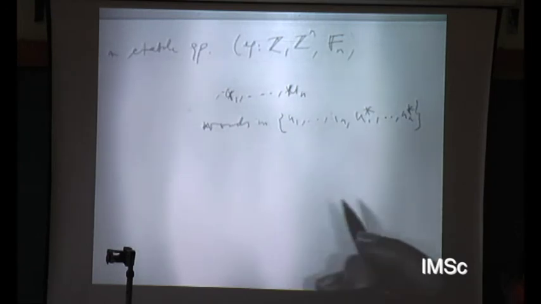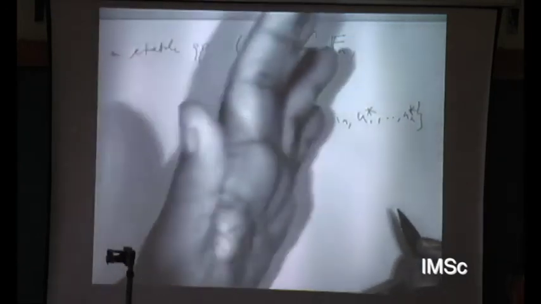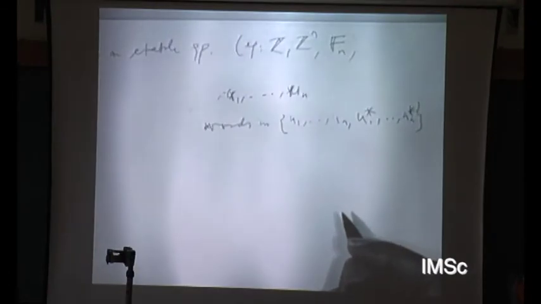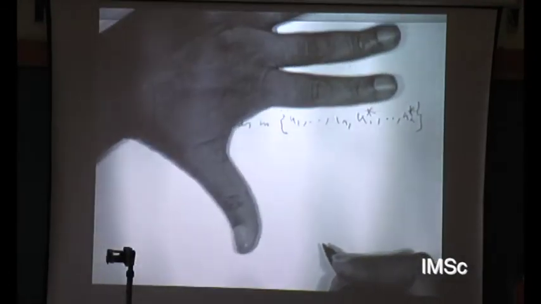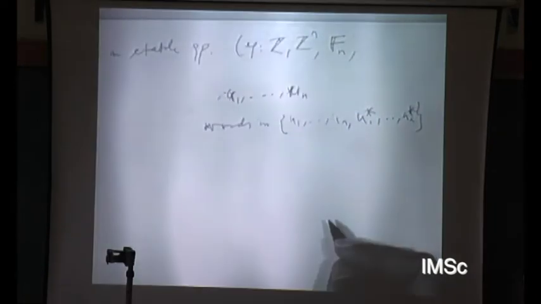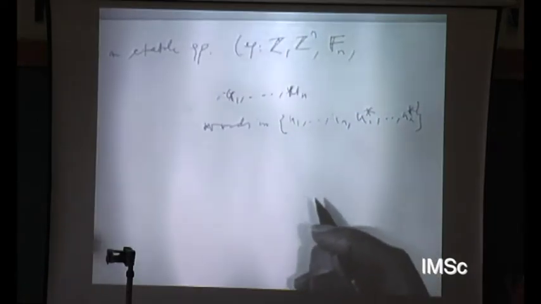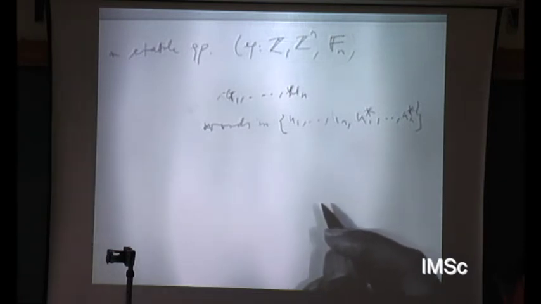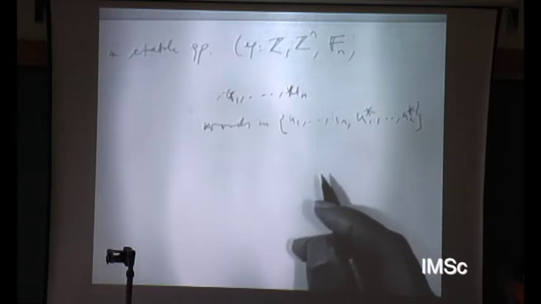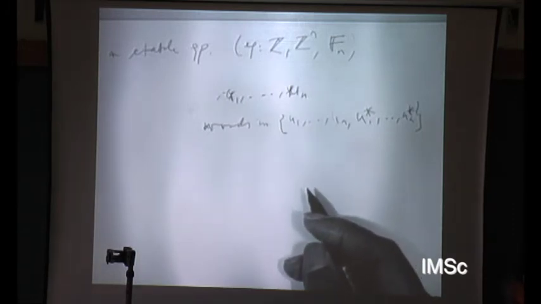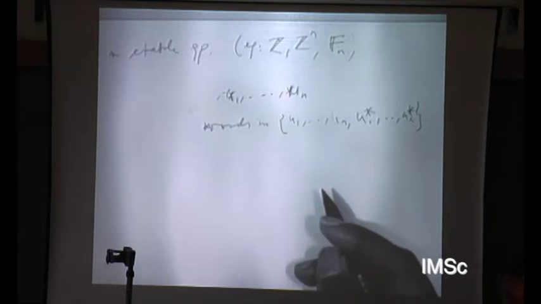These are just formal symbols now. Words in u_i and u_i star, where there is no Hilbert space connotation to the star here. And you demand that in such a word, the moment you have a u_i u_i star or a u_i star u_i, then you cancel them out. So you think of that as the inverse. But those are the only relations.